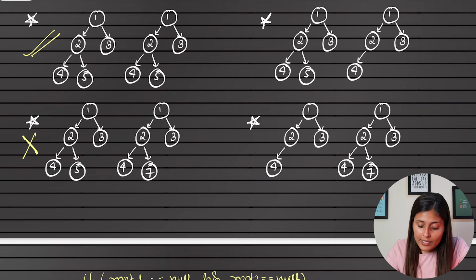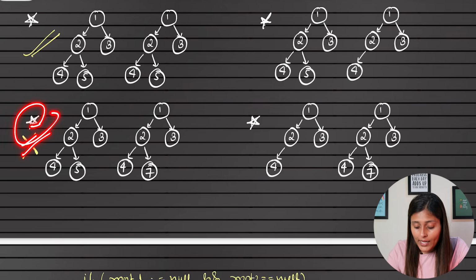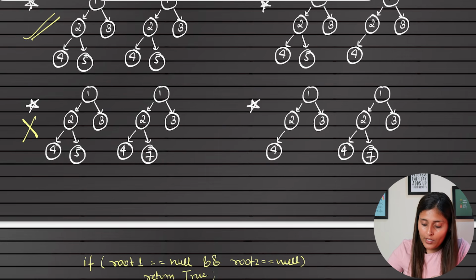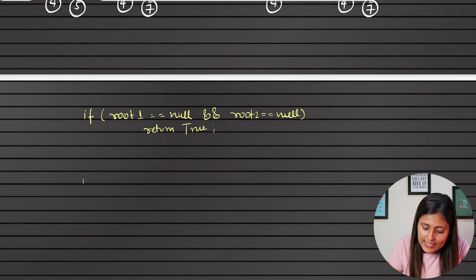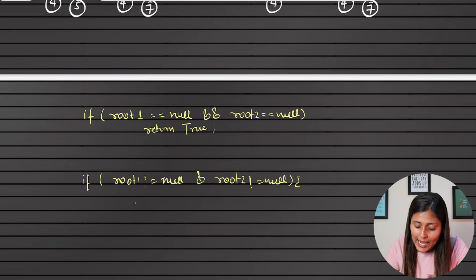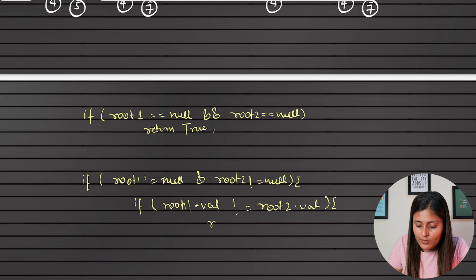Now the thing is, in this tree, what we found is that both existed, but their values were not the same. So can I say that if root1 is not equal to null and root2 is not equal to null, okay, if both exist and if root1.value is not equal to root2.value, can I say return false?